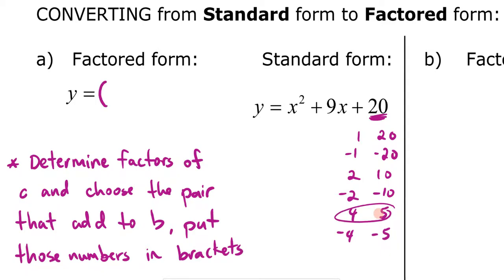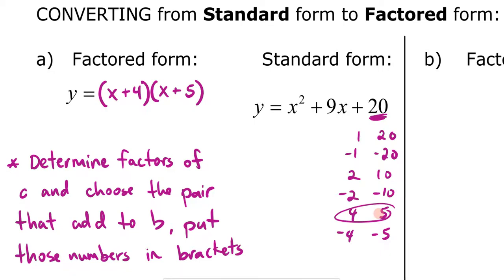These are the two numbers that make up the factors in our factored form. So the factored form can be written as x plus 4, close the bracket, then x plus 5, because the other number is positive 5. And there's our factored form. You can check by expanding it again to see if you get the standard form.